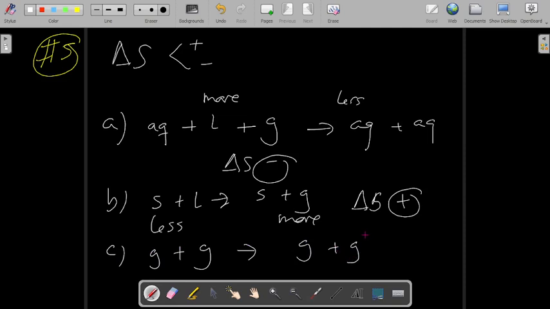Everybody's a gas here. So the next thing we need to do is to see which side has the most matter. So let's look at the numbers. We have 4 and 5 and 4 and 6. So here we have 9 and here we have 10. So went from less to more. So what does that mean for the entropy? It's also positive. Hope everybody sees that.